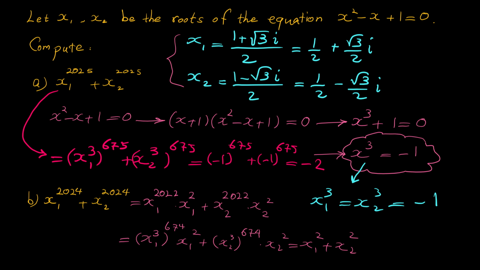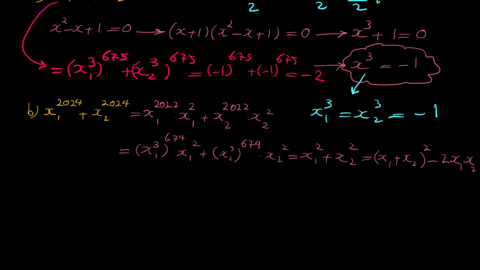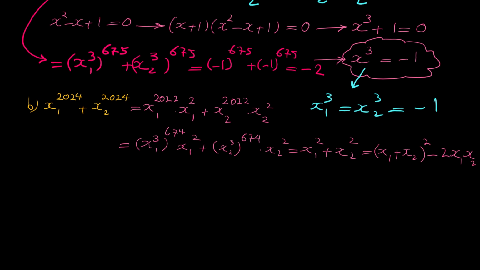x1 to the 2 plus x2 to the 2 can be written as x1 plus x2 all to the 2 minus 2 x1 x2. Let me explain the reason behind this. Why can this be written in this form?